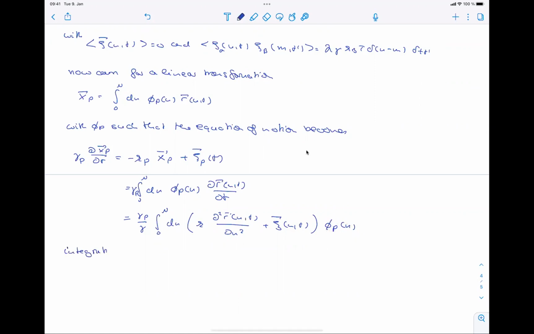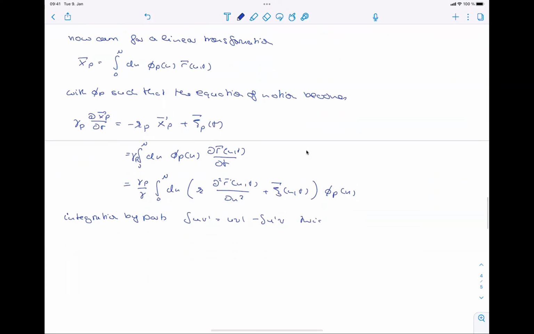Just as a reference, this is the formula that we have, and we do this twice.